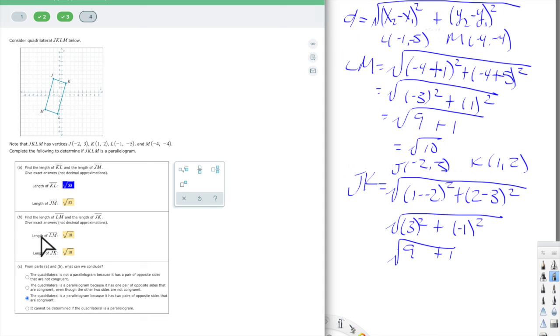So we could also do that. If you proved that JM and KL were congruent, which we did, and then we could also look at the slope of JM and KL. If they were the same slope, which they are, then that would also be one of the special rules for proving a parallelogram. So that's what they had us do on the notes page.